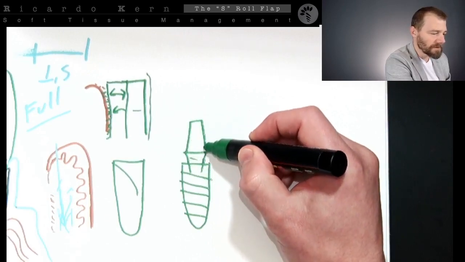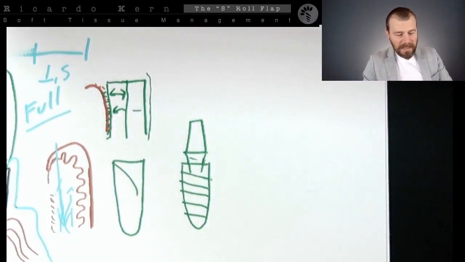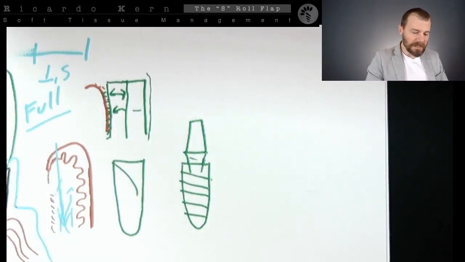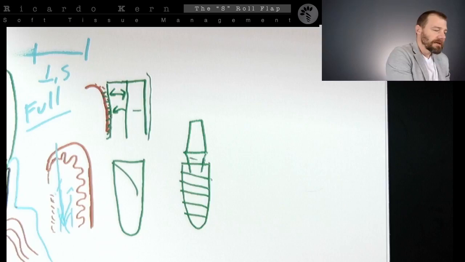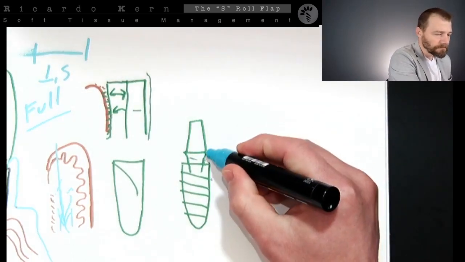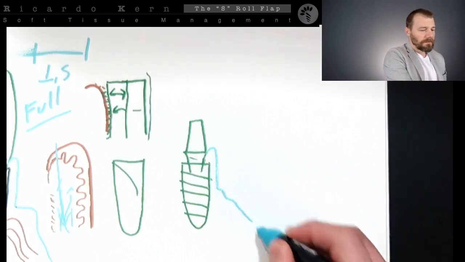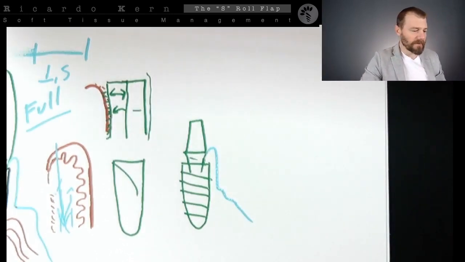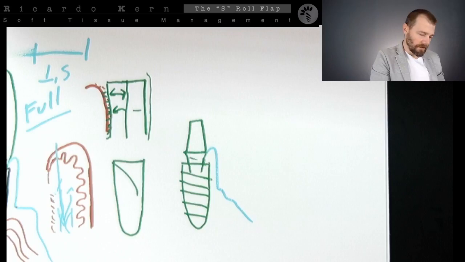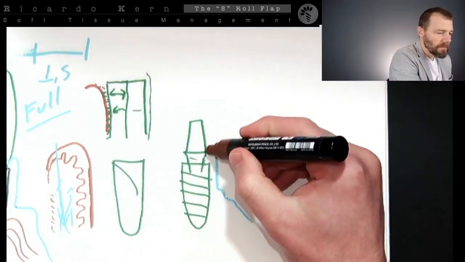This is a Morse connection. What I have here is a very thin tissue design. I like to adopt partial thickness in a case like this one, okay? And here is the crown.